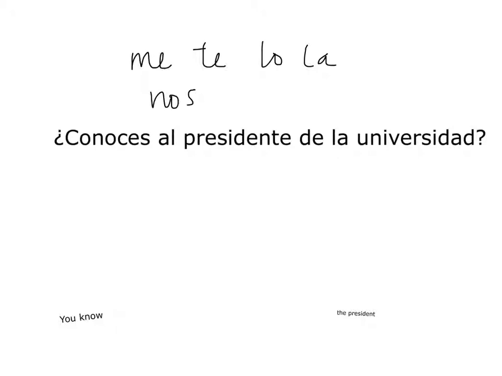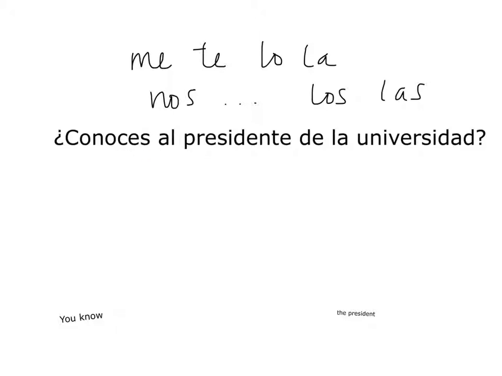We're not going to use os, okay? Los or las. Then you have to change your conoces into a yo form, because I'm asking, do you know? You have to say, I know. And then you have to put everything in the right order in the sentence. It's so complicated. We'll break it down. Make sure that you pause the video if you need it.